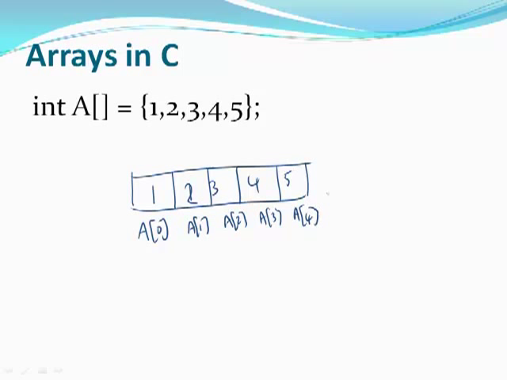Now, one of the problems with C, and one of the reasons that we try to keep our C arrays bounded, is that A[5] does not exist. Although A[5] does not exist, it's possible in C that you can assign something to that location.